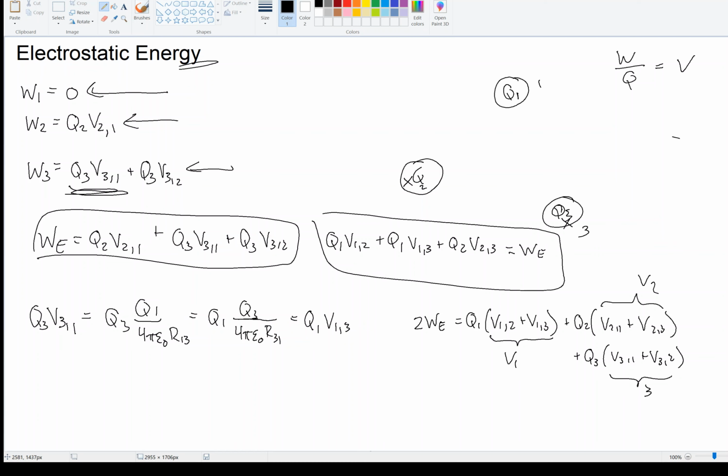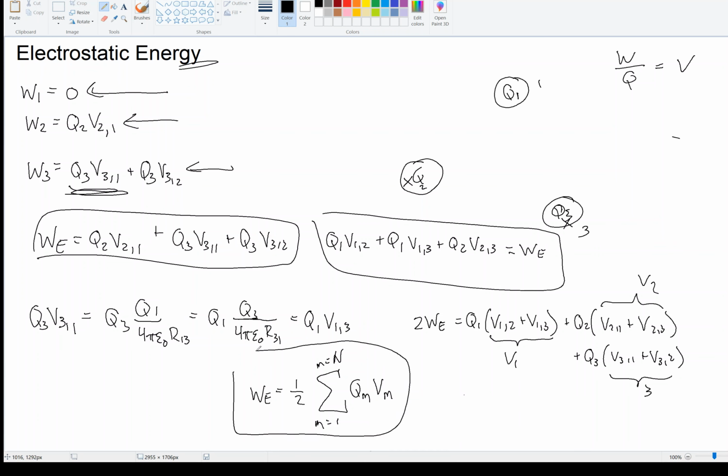So now, in general, we don't want to just talk about 3 charges. In general, we have the energy or the work required to assemble this is a summation from 1 to capital N, for number of charges, the mth charge, times Vm, the potential due to all the other charges.